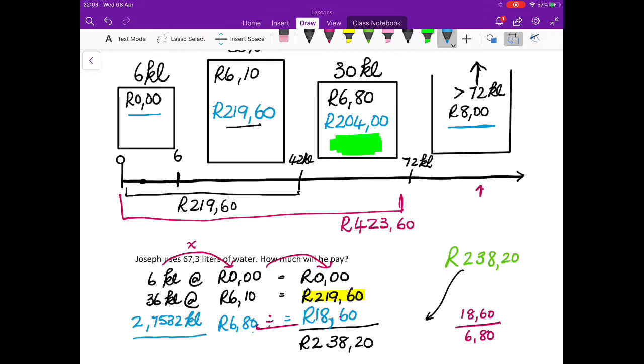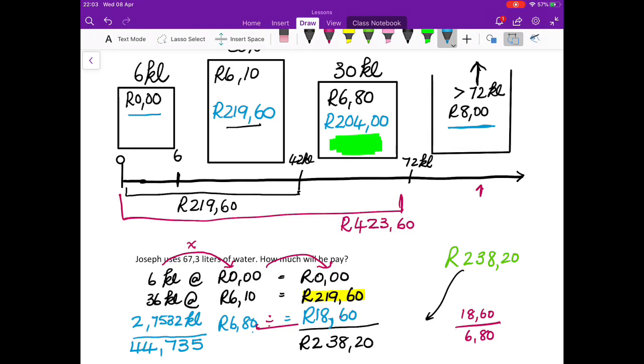I can now add all of those up, and I will get to 44.735.